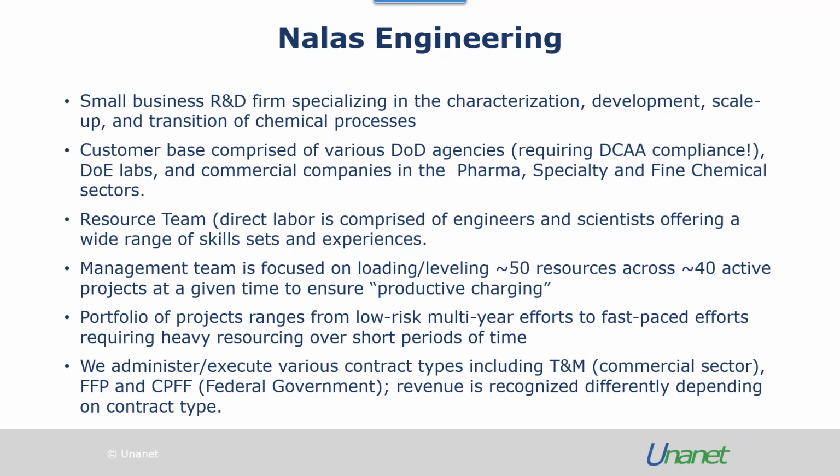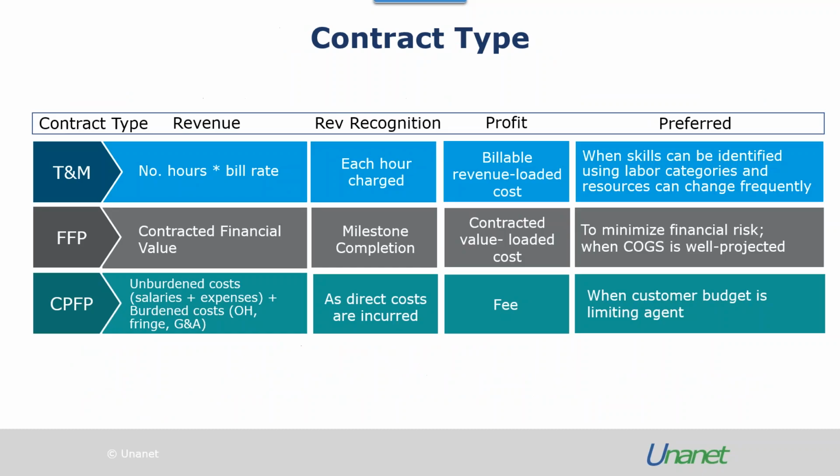Our resource team is comprised of engineers and scientists, and our management team is focused on leveling around 50 resources across 40 active projects at any given time to ensure we have what we call productive charging. Then our portfolio of projects ranges from low-risk, multi-year efforts to fast-paced efforts requiring heavier resourcing over shorter periods of time. And then we execute various contract types, including time and material, firm fixed price, and cost plus fixed fee. So we move on to the next slide.